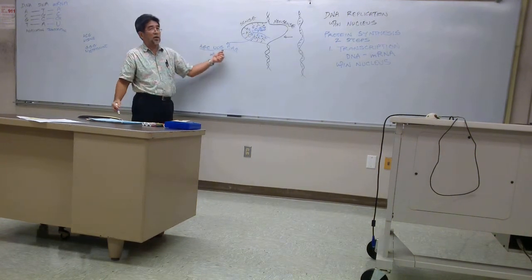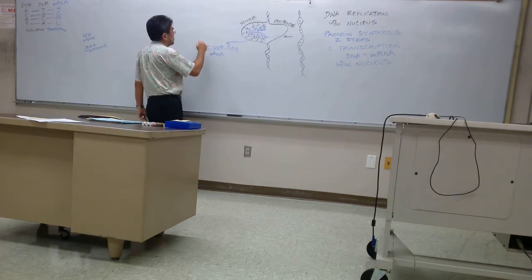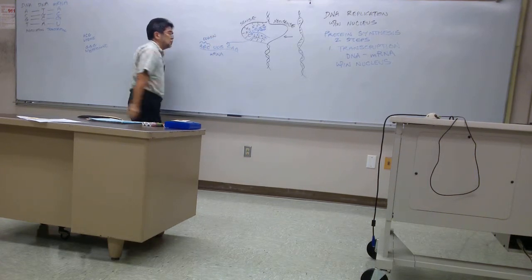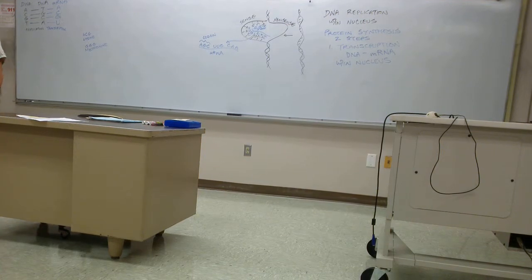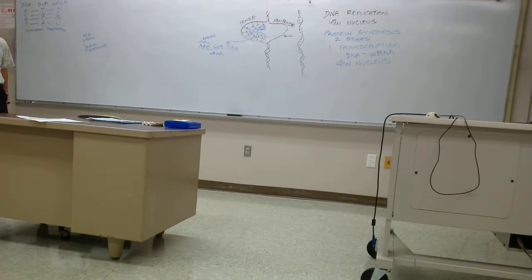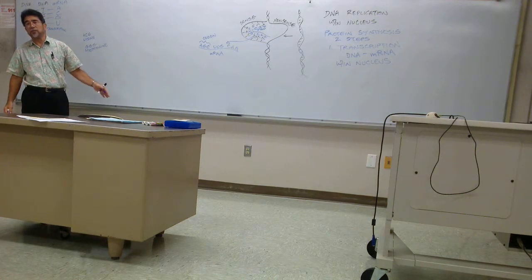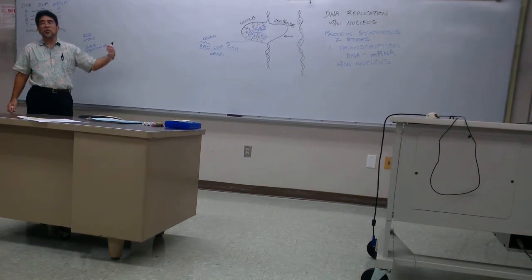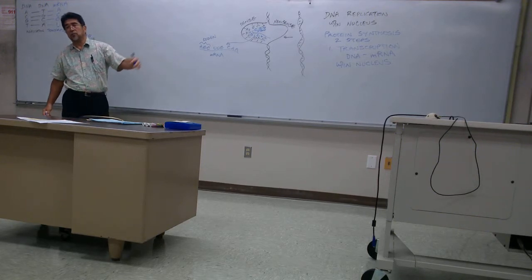The code is read in sets of 3. That's 1 unit of code, and this is called a codon. Every set of 3 is called a codon. 1 unit of code. Because that's going to eventually result in a particular amino acid being assembled in the protein molecule.